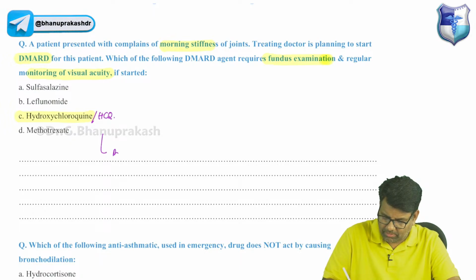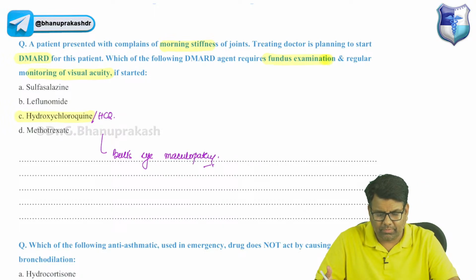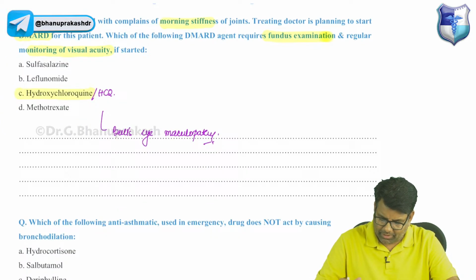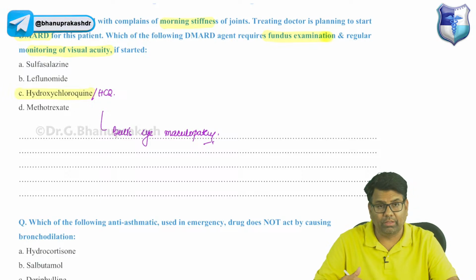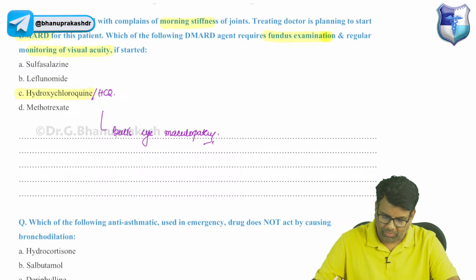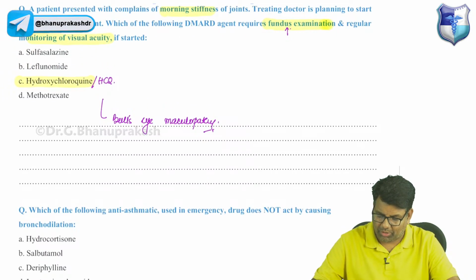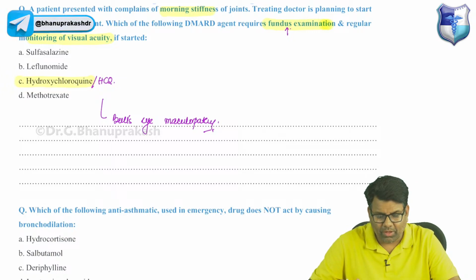Hydroxychloroquine can cause bull's eye maculopathy. Okay. So Pratusha, you are right. This is bull's eye maculopathy for hydroxychloroquine, and the possibility is even more with chloroquine as compared to hydroxychloroquine. So fundus examination and visual acuity have to be monitored while we are giving hydroxychloroquine.